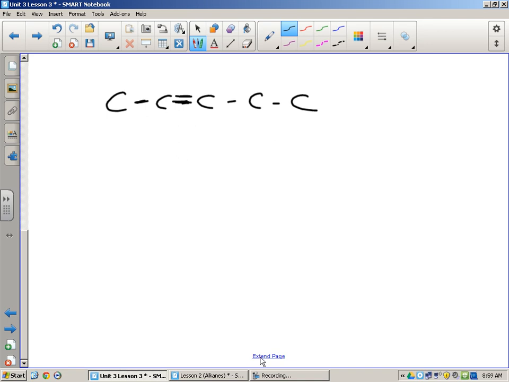You're going to fill up the rest with H's, and then you're good to go. So remember, each carbon needs 4 things around it. 1, 2, 3, 4. 1, 2, 3, 4. And like I said, that's what pentene would look like.